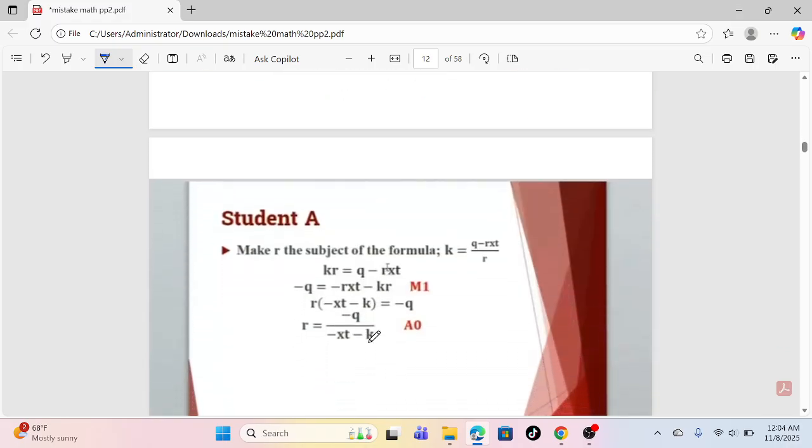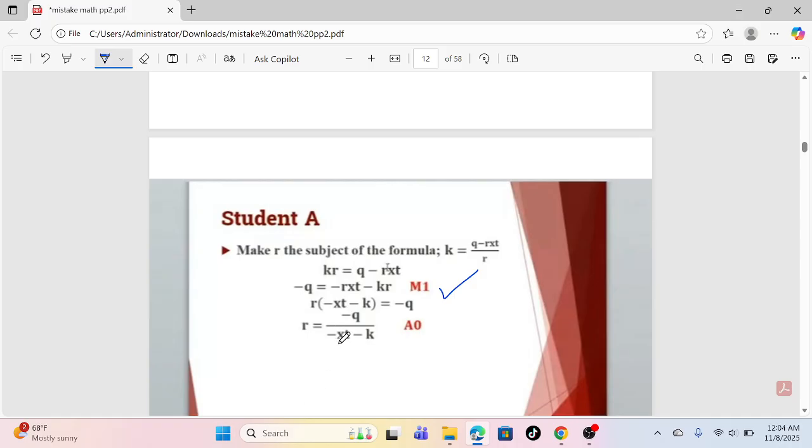Subject of the formula. When answering subject of the formula questions, these are questions that must be tested in every paper 2 exam. So if a student reaches here, there is a way of simplifying.